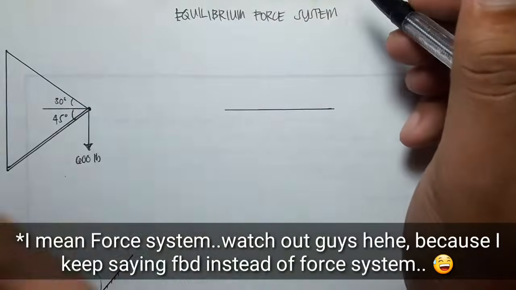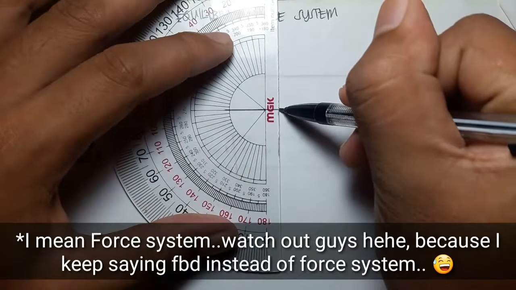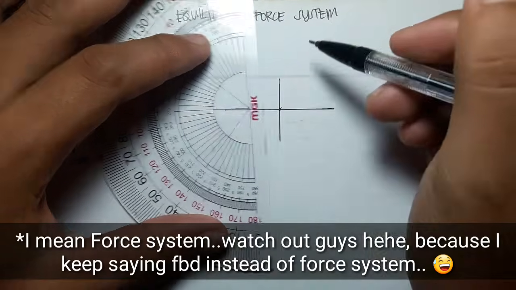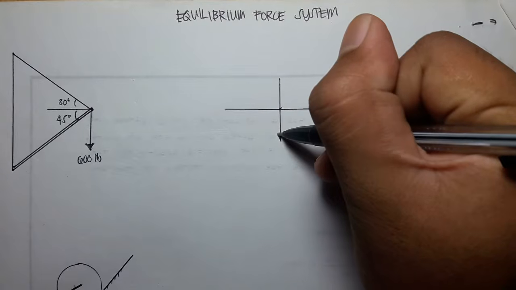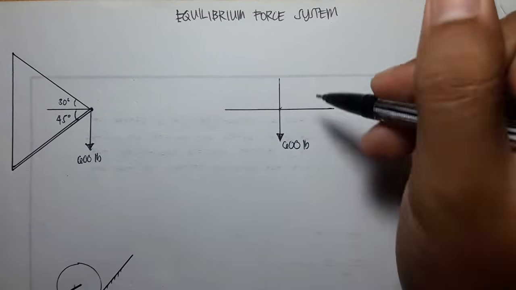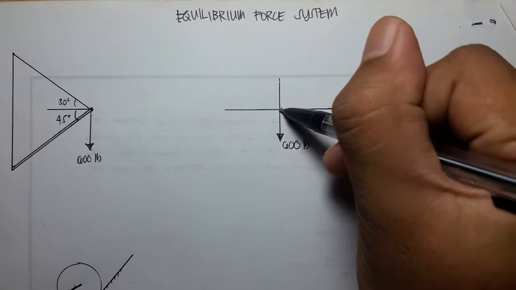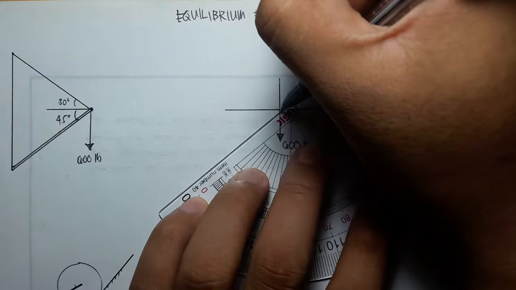First, this is the 600 pounds. Then the boom, the compressive force is this.